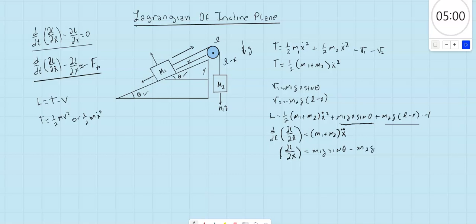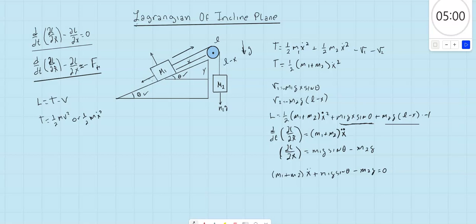so it'll be plus minus m2 g. So now we could write our equation of motion as (m1 plus m2) times x double dot plus m1 g sine theta minus m2 g, and all of this must be equal to 0.